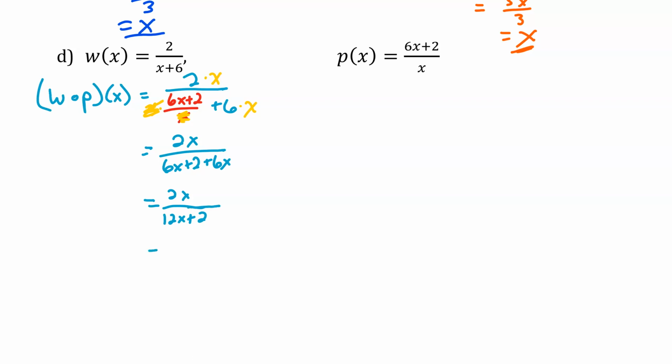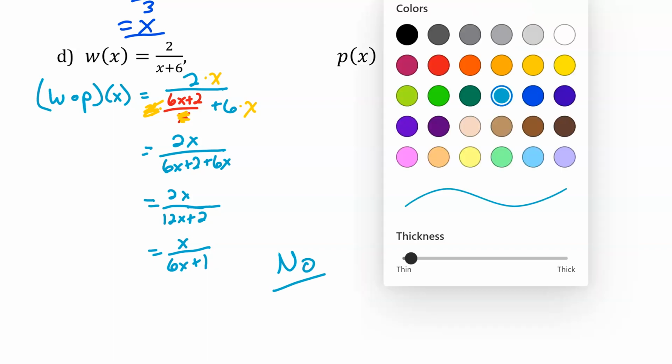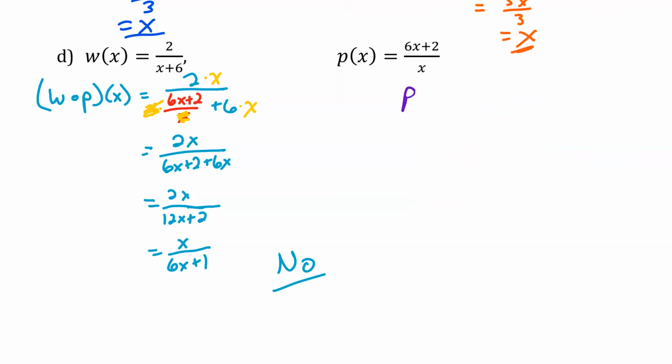Now the only thing that I could do here is divide each of these terms by a 2, and so I'd get x over 6x plus 1. This is as far as I could simplify this. Now, knowing that this is as far as I could simplify, I could technically go ahead and say that no, these are not inverses. But I'm going to go ahead and look at how it would look with p of w of x.